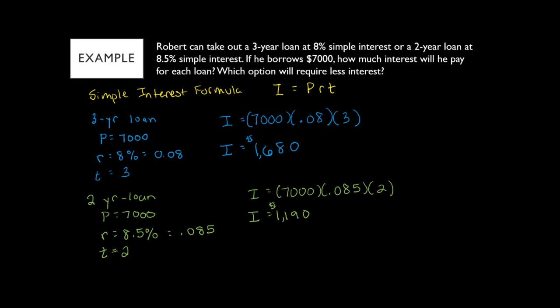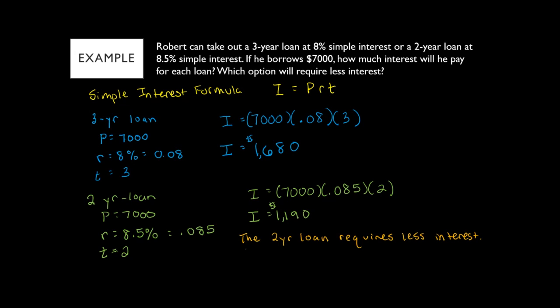So when we have word problems, we usually write our answers in sentences. So like for specifically the option that will require less interest, we would put that as a sentence. So we would say the 2-year loan requires less interest.